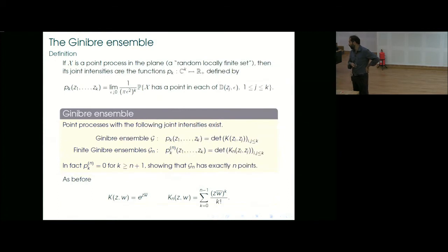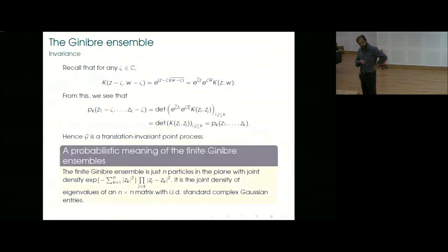In fact, that is the context in which Ginibre discovered this in 1975. And when you let n go to infinity, you get this other point process. But unlike in the other situation, we can't let the matrix go to infinity and say that there is an infinite matrix whose eigenvalues they are. Whereas in the case of entire functions, we could let the polynomial degree go to infinity and get a random entire function. So I can't give you a direct interpretation like that of the infinite Ginibre ensemble.